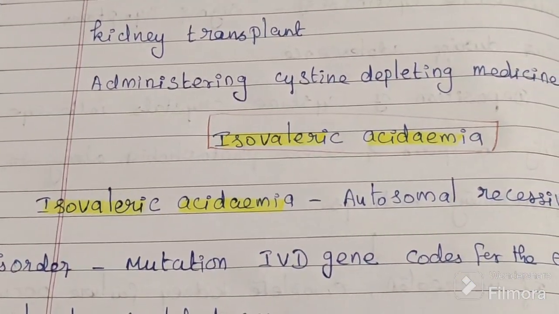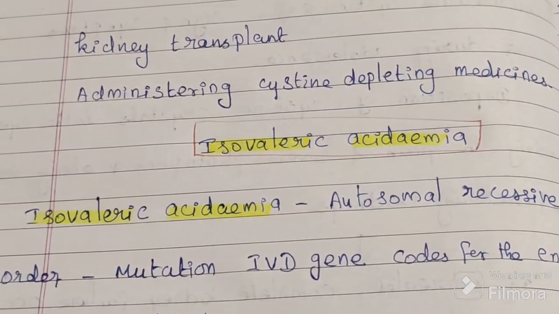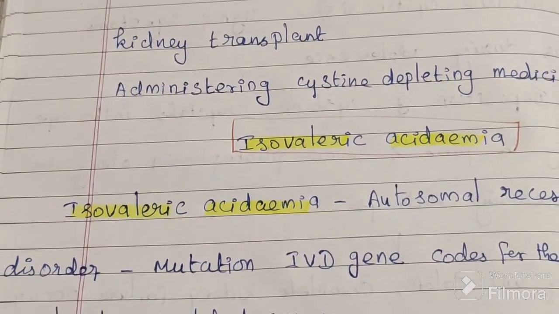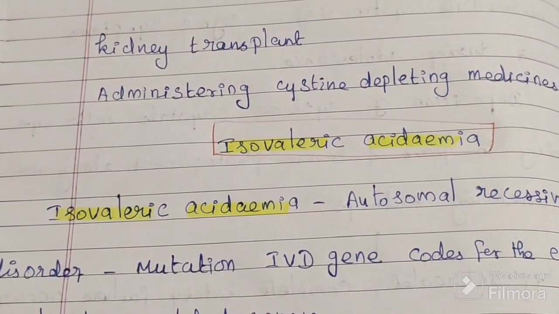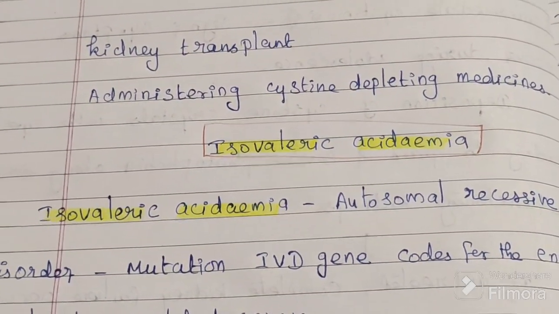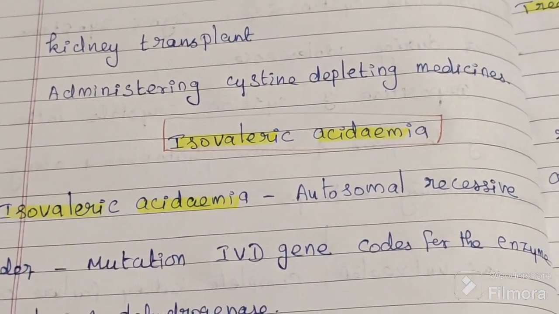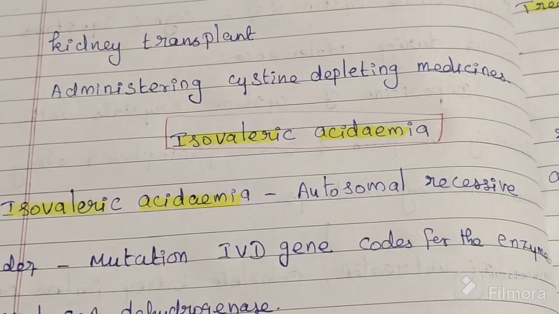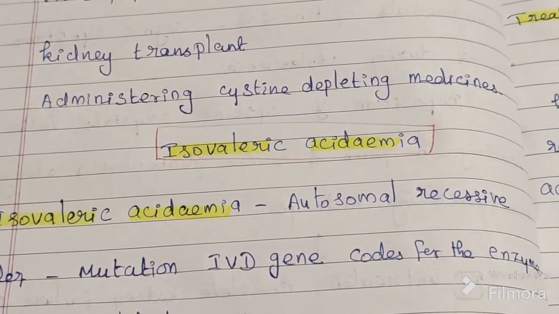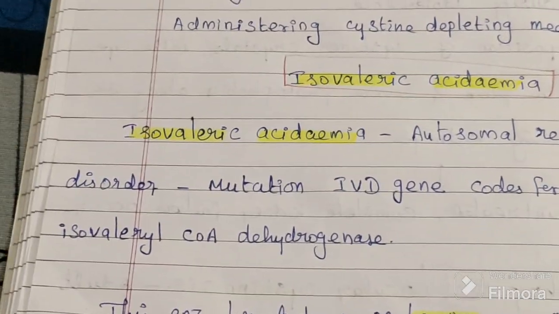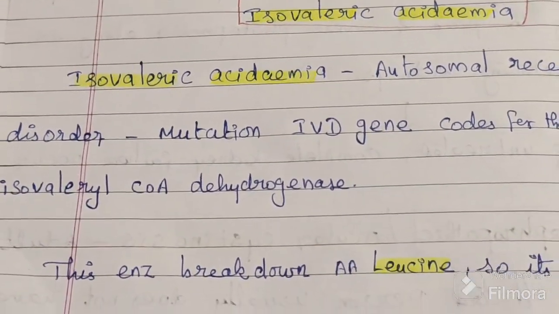Last one is isovaleric acidemia. Isovaleric acidemia is an autosomal recessive disorder that occurs due to mutation of the IVD gene that codes for the enzyme isovaleryl coenzyme A dehydrogenase.